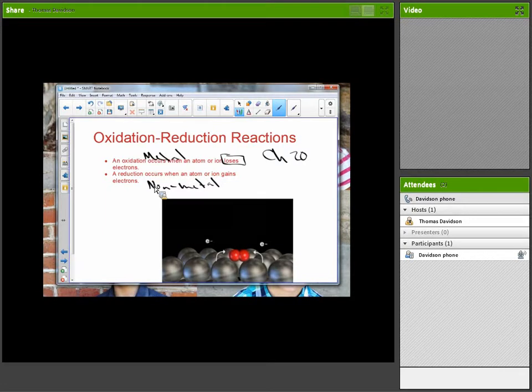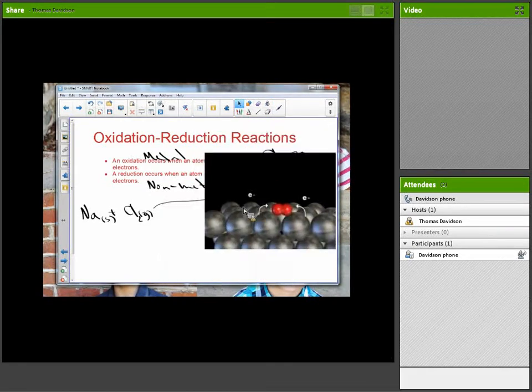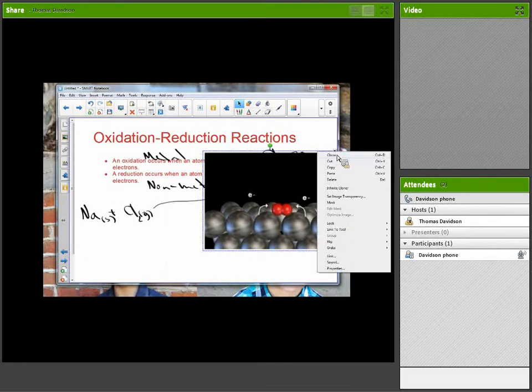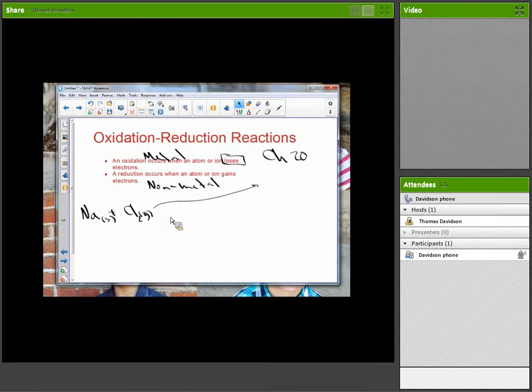All right? The simplest form of an oxidation reduction reaction I can think of is when sodium solid reacts with chlorine gas to produce... We all know it produces NaCl.